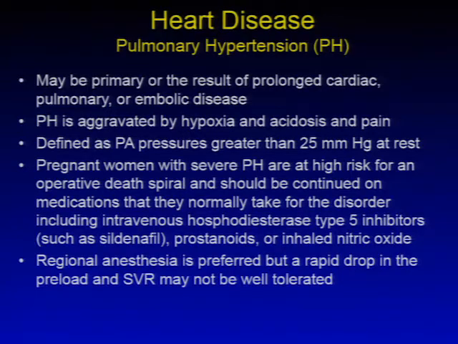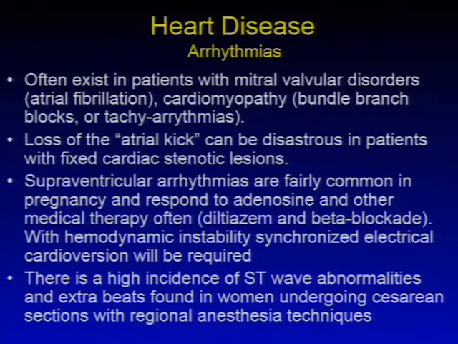And regional anesthesia is preferred in these women, but they do not tolerate a rapid drop in their preload and systemic vascular resistance. Touching upon the issue of arrhythmias in women with heart disease.